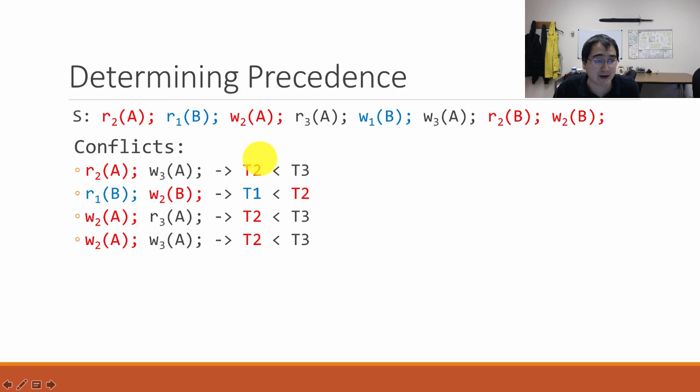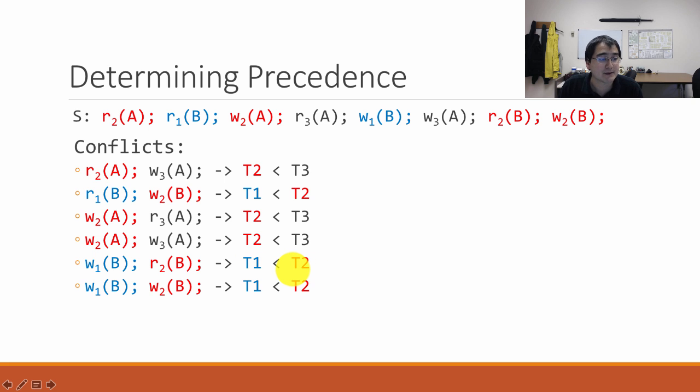In this case, both of them are writes. Another conflict, another precedence. And there's still more, I keep finding them. We have one right here reading from B, and we're writing to B right here. Different transactions, same database element, one of them is a write, another precedence rule. And we have another one here, this one and this one.